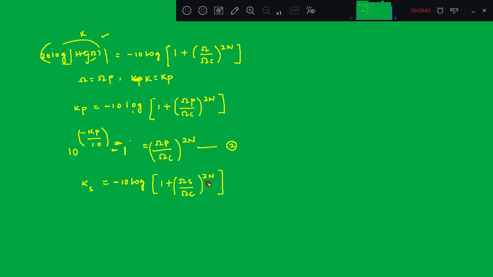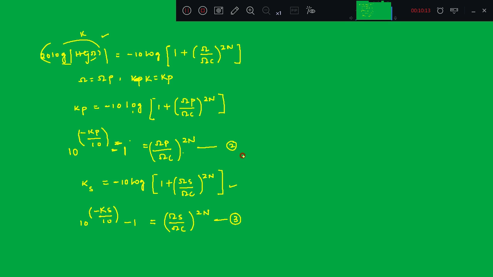In a similar way, if I simplify this, you will get 10 raised to minus ks by 10, minus 1, is equal to (ωs/ωc) raised to 2n. Let me take this as equation number 3.